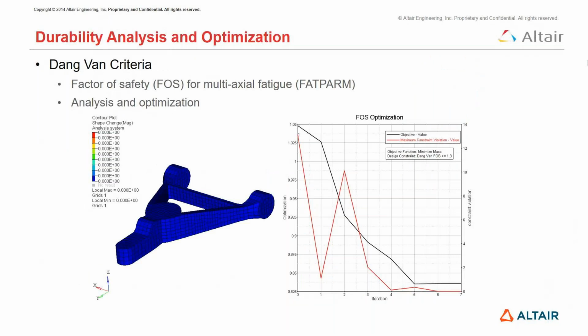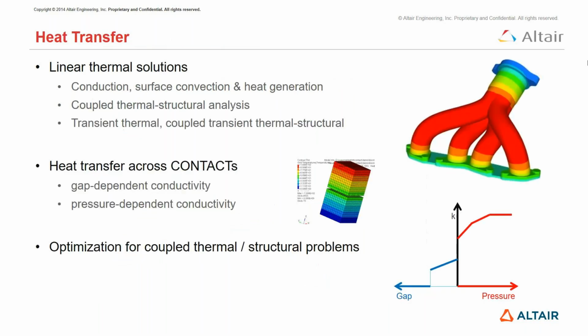And durability analysis, with the help of the Dang Van criterion, you can determine the factor of safety of the component, as well as the life cycle of the component. HyperLife is the tool which helps engineers perform durability analysis to determine the life cycle of the component. And heat transfer, you can perform conduction, convection, radiation, as well as thermal coupled structural simulation with transient condition using OptiStruct.